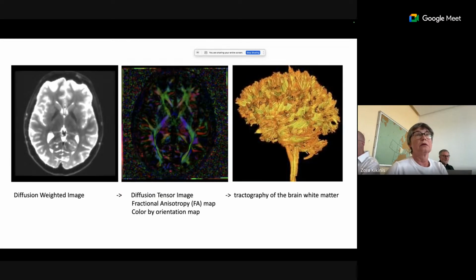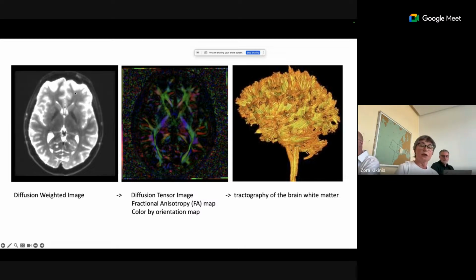So I think one of the issues is we have this diffusion weighted image, which is extremely blurry. You see my cursor is very tiny.